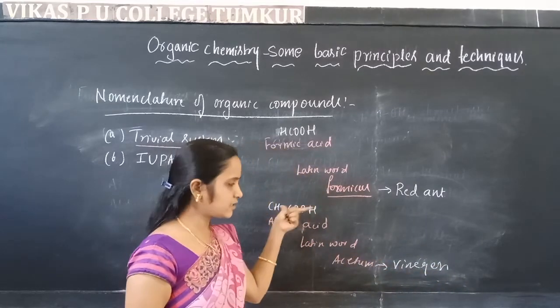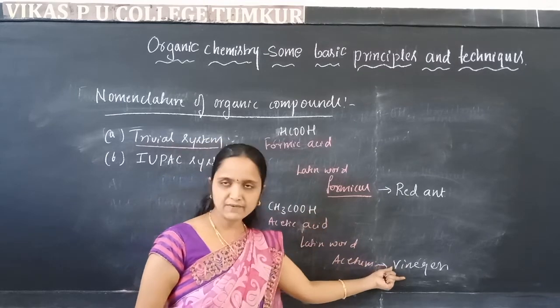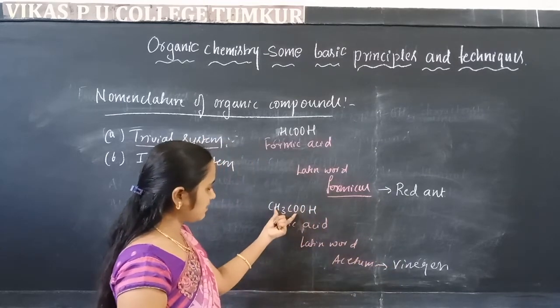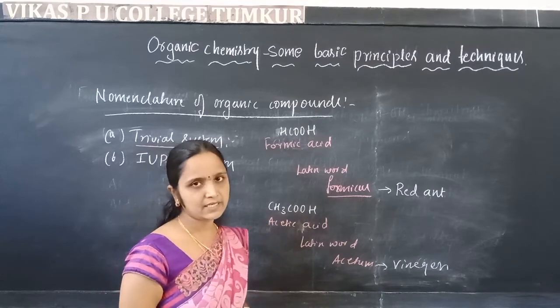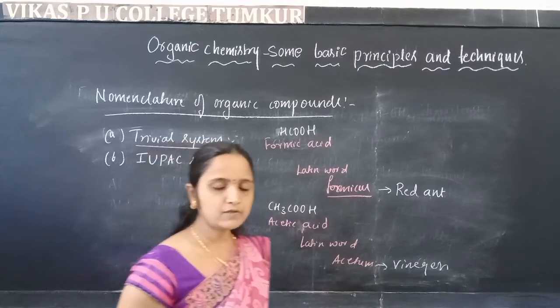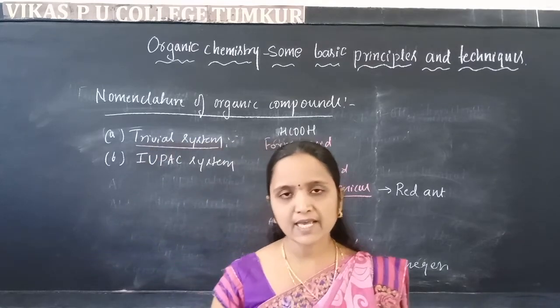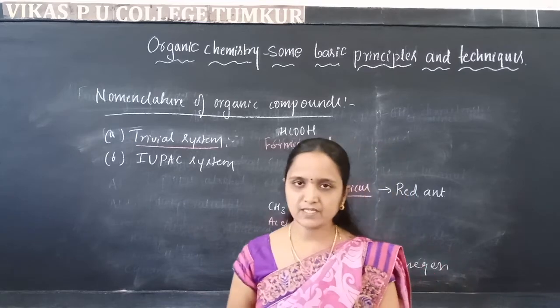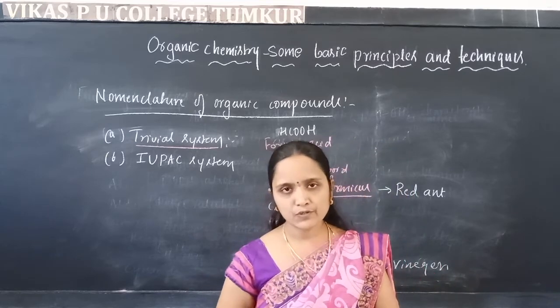This acetic acid is obtained from vinegar. Therefore the name given to this is acetic acid. Like that only, butyric acid. The butyric acid is obtained from butter. That's why the name butyric acid is given.